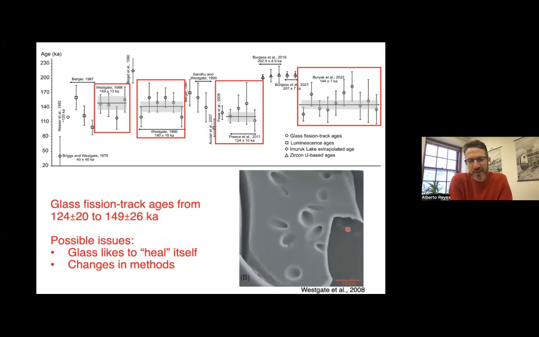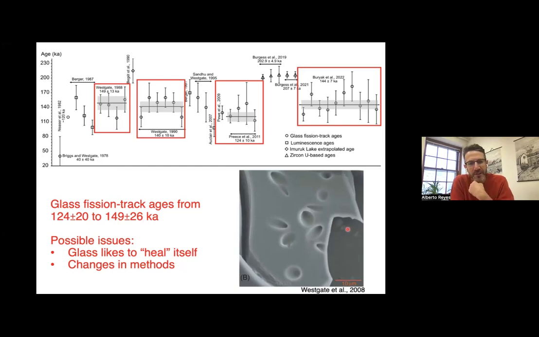And this was really largely supported by the glass fission track ages. So remember, the fission tracks are this sort of physical manifestation of radioactive decay. And the fission track ages bounced around depending on changes in methods and so on that I can talk about later in questions, from about 125,000 to 150,000 with plus or minus 10 to 20% uncertainty.